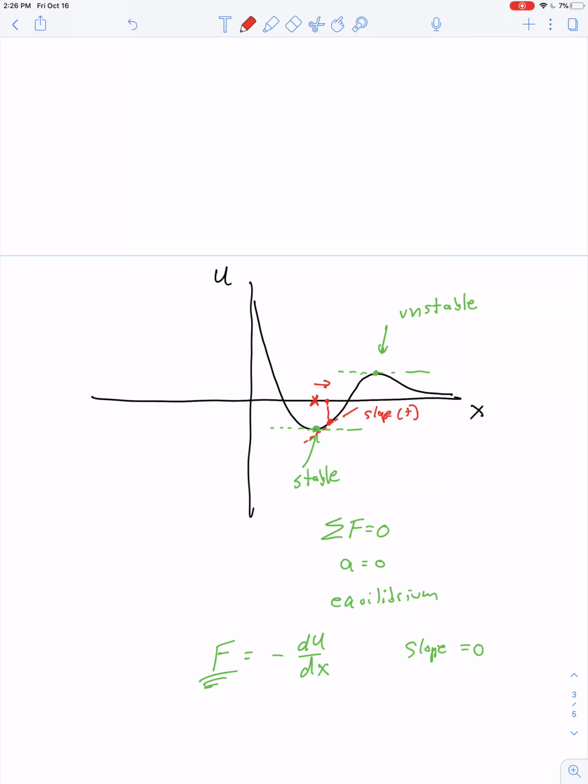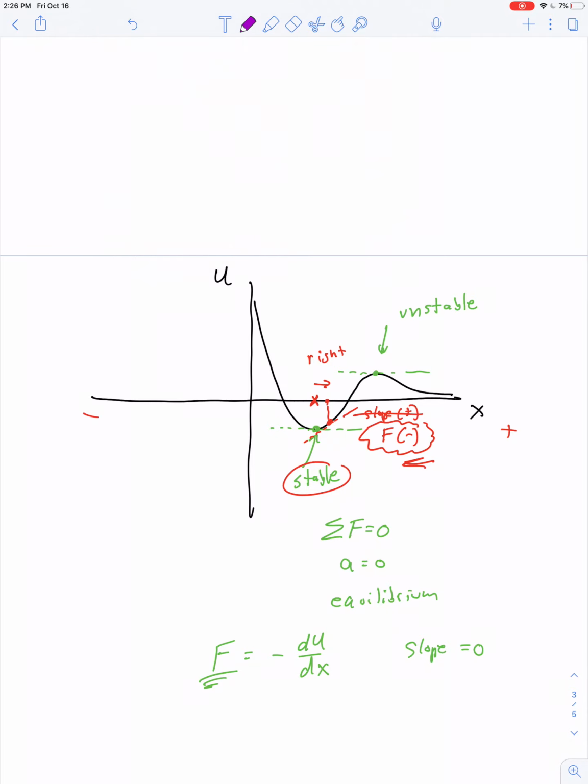But remember, if the slope is positive, that means the force is negative. Well, what would it mean for there to be a negative force on the object? That means it would be pushed in the negative direction. So we nudged it to the right to take it out of equilibrium, and as a response, a force naturally showed up on it that pushes it back to the left.